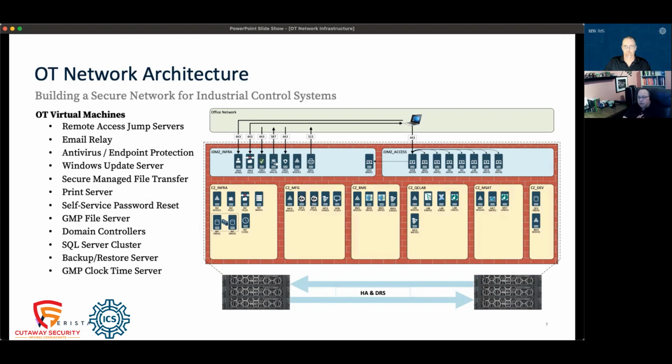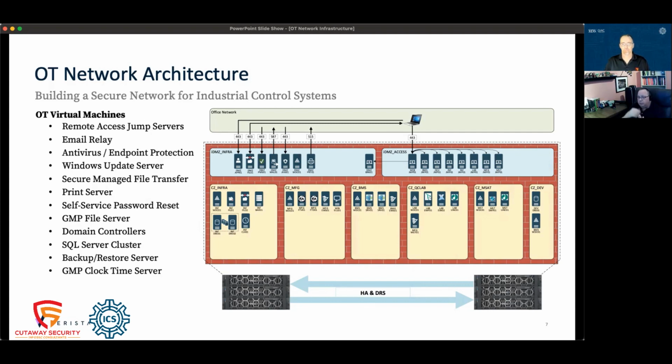The ones that were in the IBMZ infra were things that people would communicate with. The very first one that you see over there is how you would do password resets, how you manage your identity on the control network. The next one is a secure file transfer. It allows files to be uploaded to a server, virus scanned, and then sent down into the control zone.